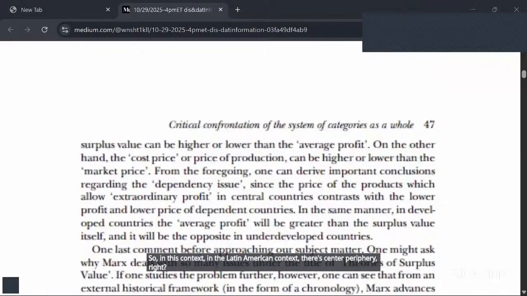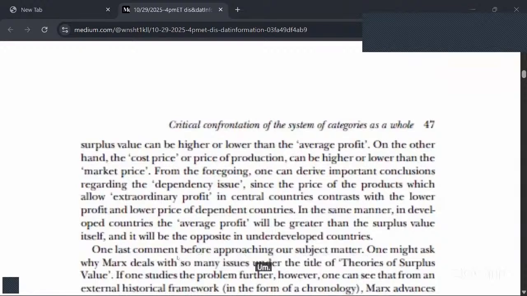Just as we have global north, south at a different level, different scale, you have center periphery, which is not identical to, but resembles for a variety of reasons, settler colonialism, etc., global north, global south.